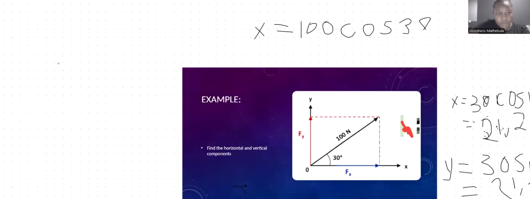After here, you will use your calculator to find your component of X and the component of Y.